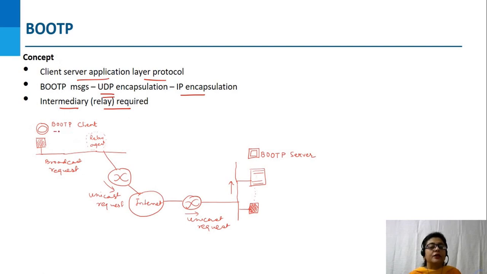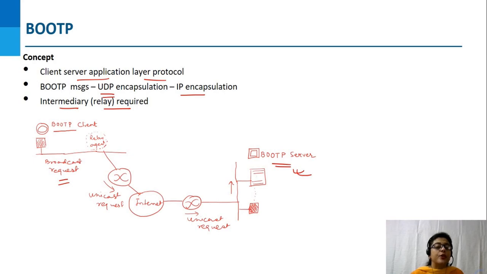Let's say we have a BootP client which wants to send a BootP broadcast request to know its IP address from the BootP server. But this BootP client does not know the IP address or the physical address of the BootP server. So there is a relay agent which is required in between.